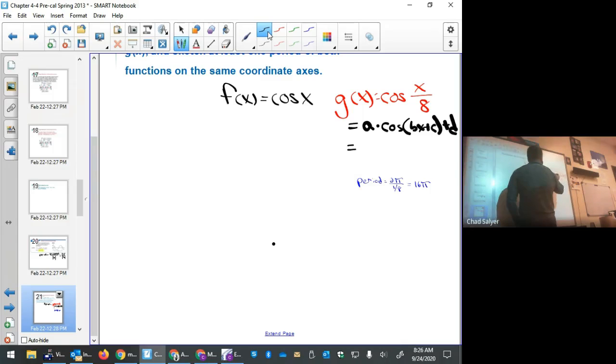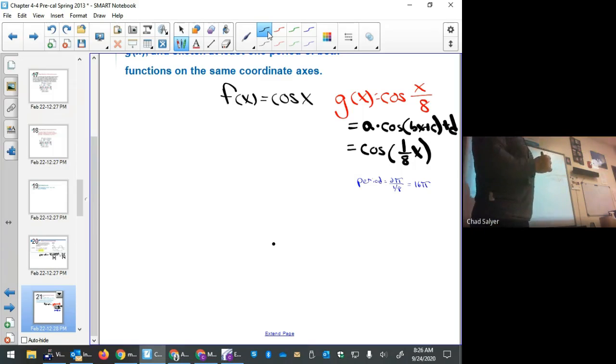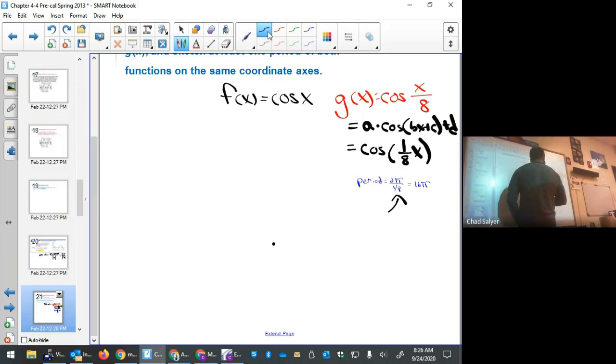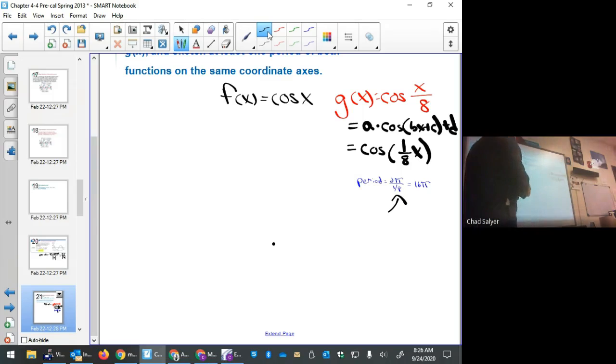See how this would be 1 for the a parameter, and then 1 over 8 for the b parameter, and then both c and d would be 0. So our b value is 1 over 8, and as a consequence, our period is 16 pi.